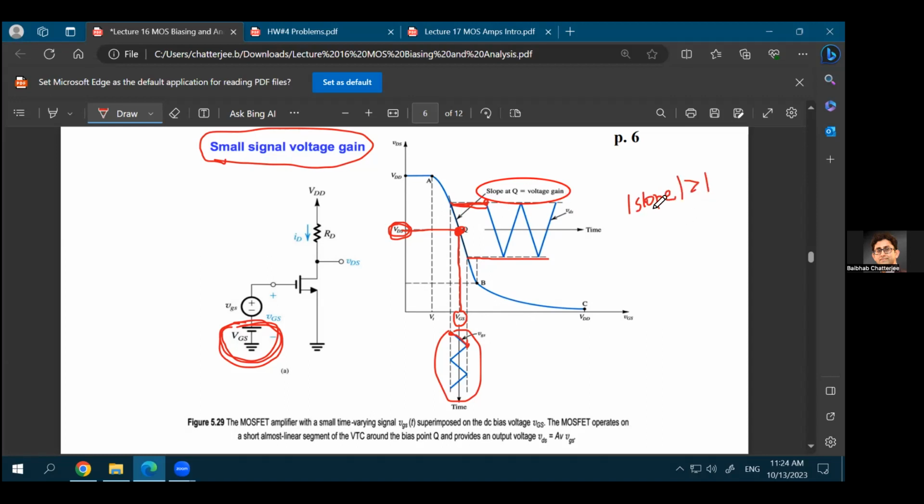If it is less than 1, you'll not see any amplification. You'll actually see attenuation. But in most cases, as we'll derive and prove, the slope in the saturation region is more than 1. If the slope in the saturation region is more than 1, you'll expect this amplification to happen. And that's why the transistor in this configuration acts as an amplifier.